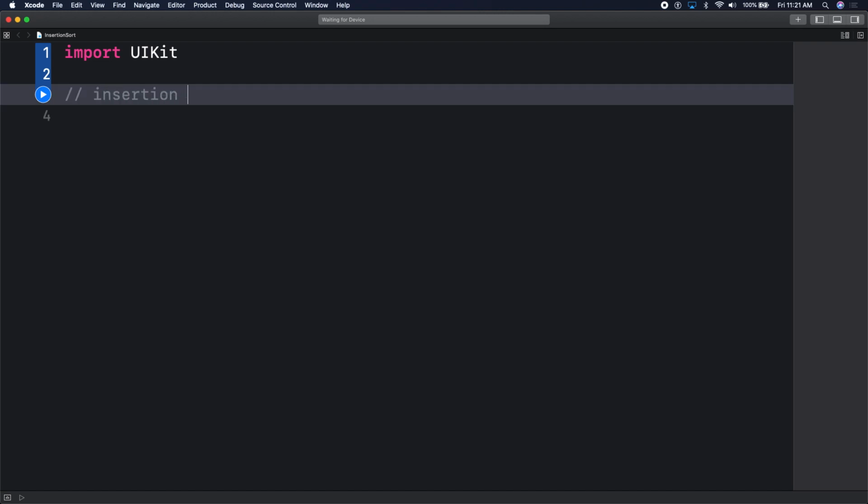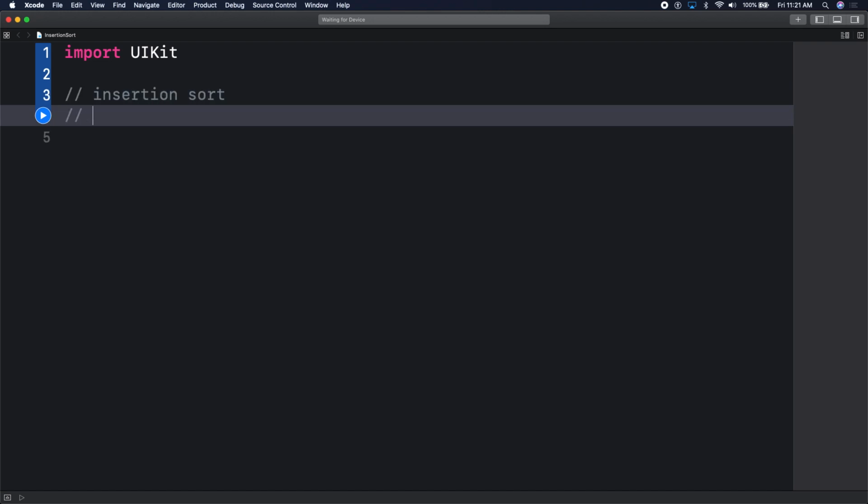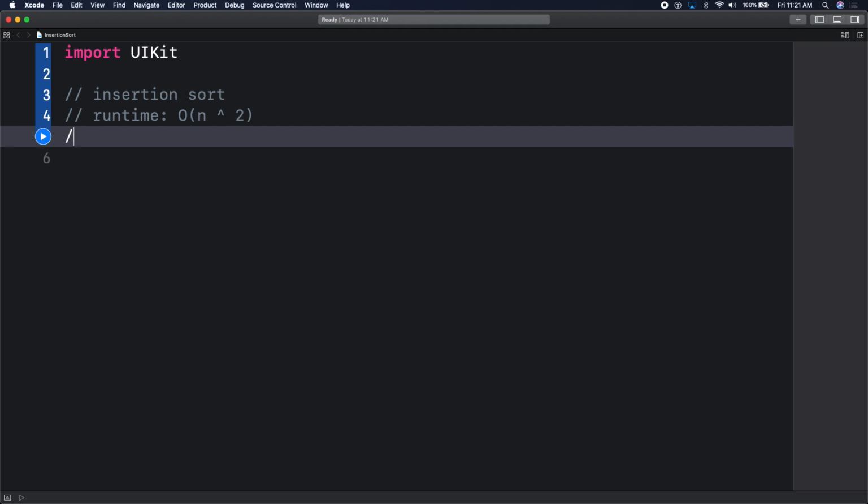Runtime, again, worst case runtime, big O n squared. Space complexity, what's the space complexity? Constant, because it's in place here. We're not using any additional arrays.